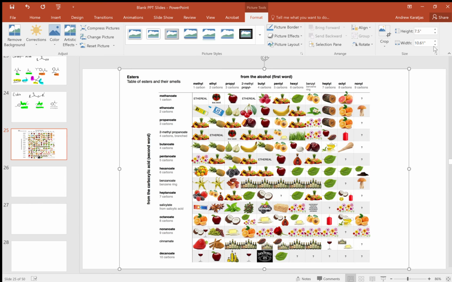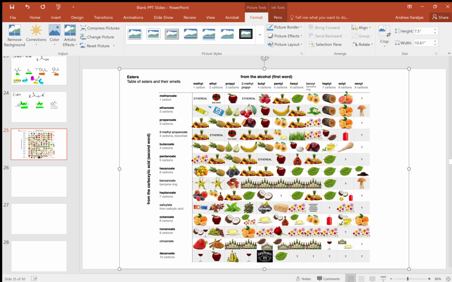So if you look at this chart, you can actually see a lot of examples. On the one side we have the group that is on the left of the carbonyl, and up at the top you have the group that's on the right side, or that's attached to the oxygen.